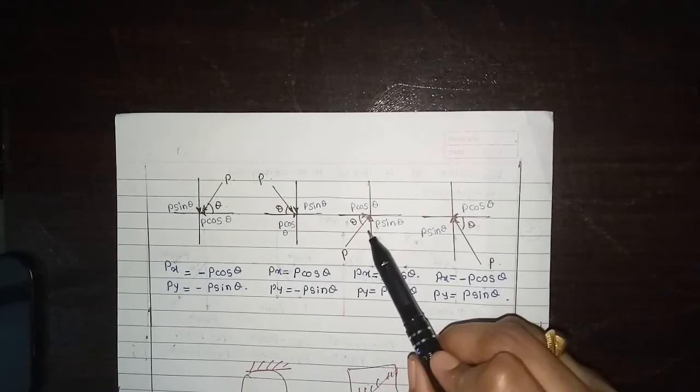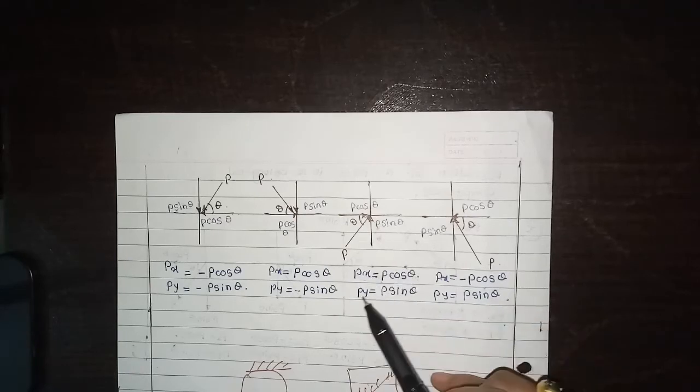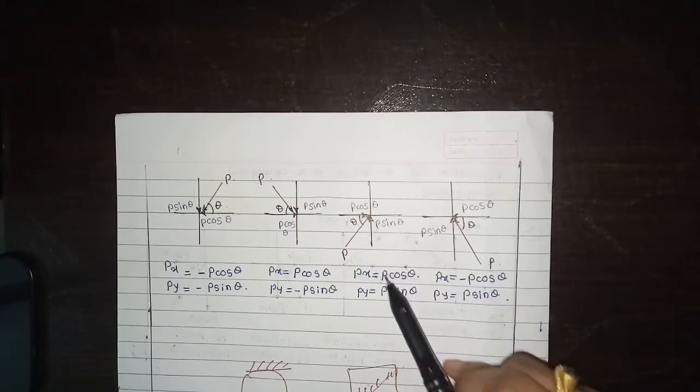Then if P acts in the third quadrant, Px is equal to plus P cos theta and Py is equal to plus P sin theta. Then if P acts in the fourth quadrant, Px is equal to minus P cos theta, in the left direction, and Py is equal to plus P sin theta, in the upward direction. Okay, thank you.